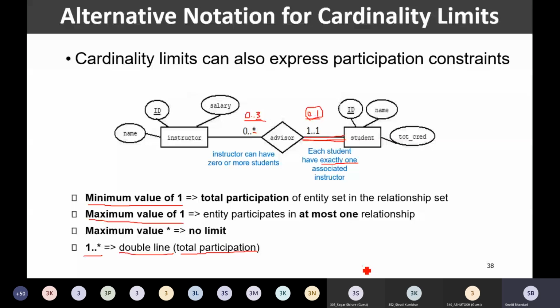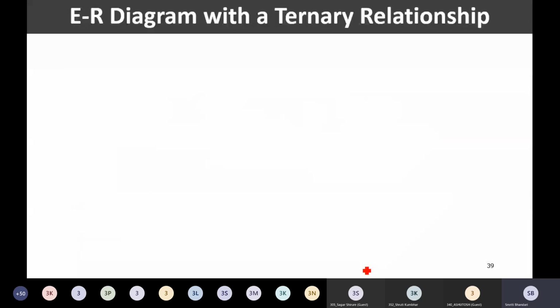So, in ER diagrams, we can model a relationship which is not binary, having degree greater than 2. So far we have depicted only the binary relationships. Binary relationship means we are having a relationship wherein 2 entity sets are participating.